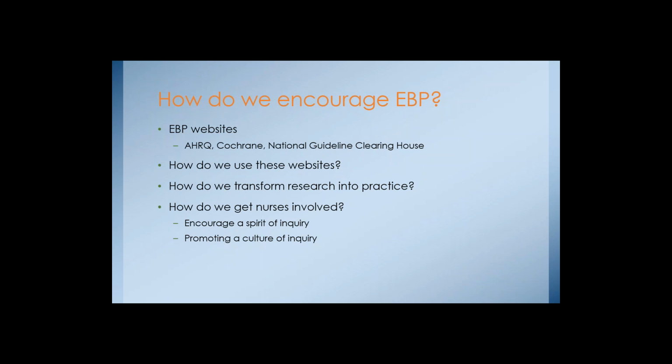You can also encourage the use of EBP by making care maps that are made using CPGs, or the clinical practice guidelines that the experts in the facilities or experts in the field come up with.